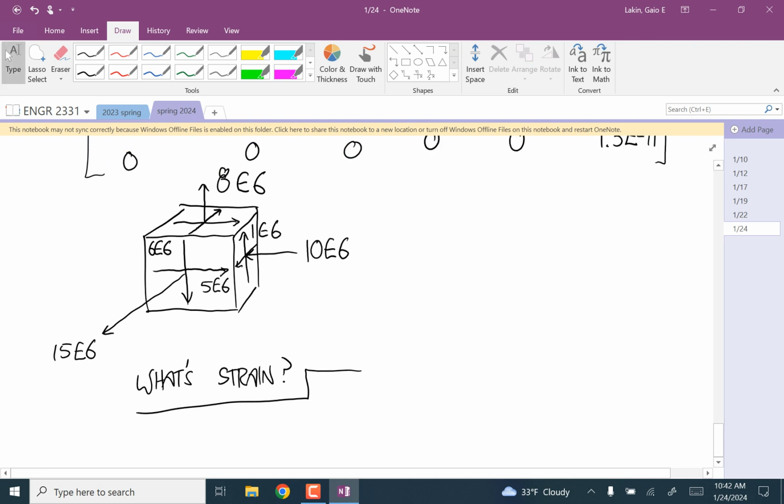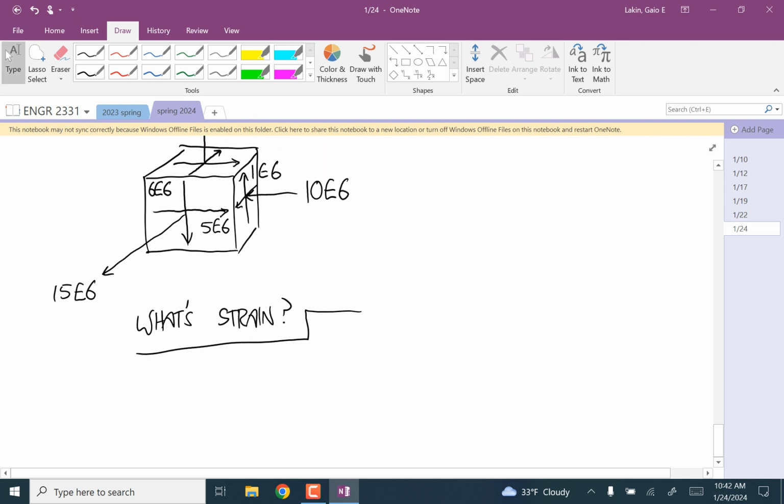This is a stress tensor: negative 10 times 10 to the 6, positive 1 times 10 to the 6, positive 5 times 10 to the 6.